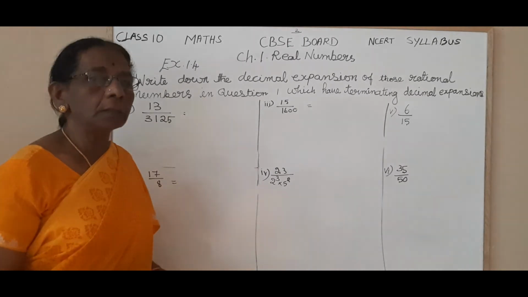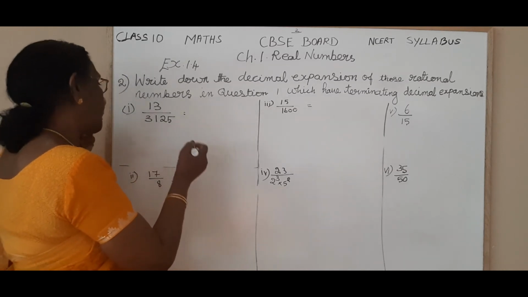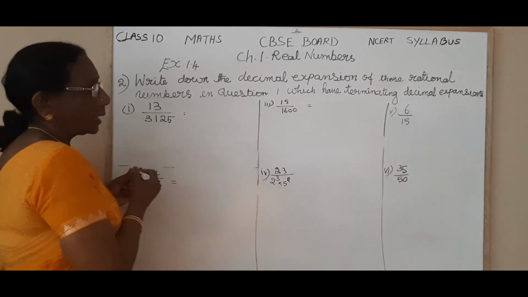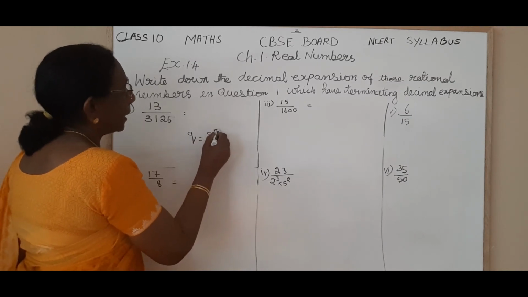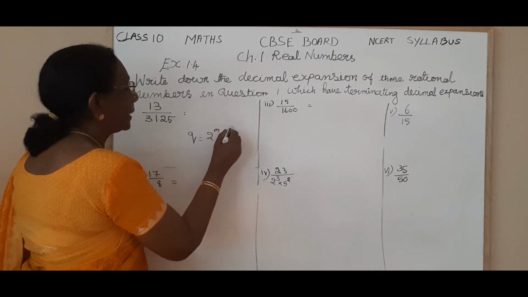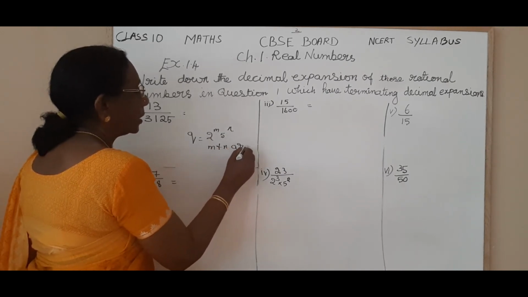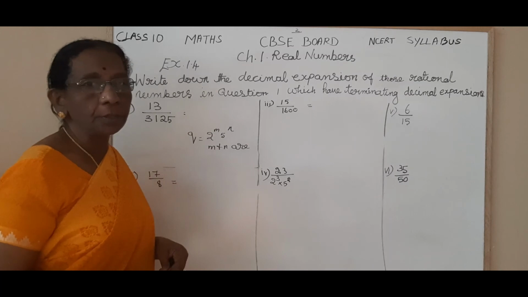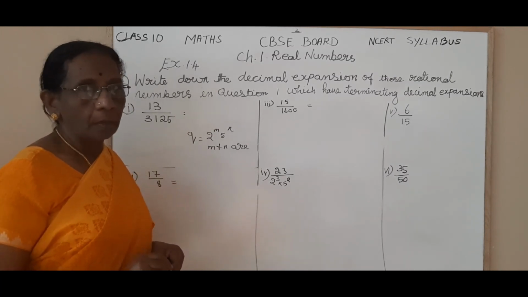For that, what is the theorem we have studied? The denominator q of the rational number should be of the form 2 to the power m into 5 to the power n, where m and n are non-negative integers. That means the whole numbers starting from 0, isn't it?